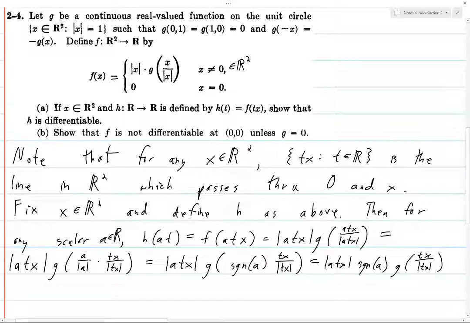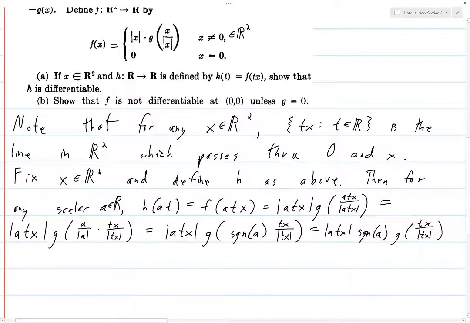Okay, but look, we've got the norm of a multiplied by the sign of a. And if you take this norm of a and multiply it by the sign of a, you're left over with a. So this is just a times the norm of tx times g of tx over the norm of tx. But look at this thing.